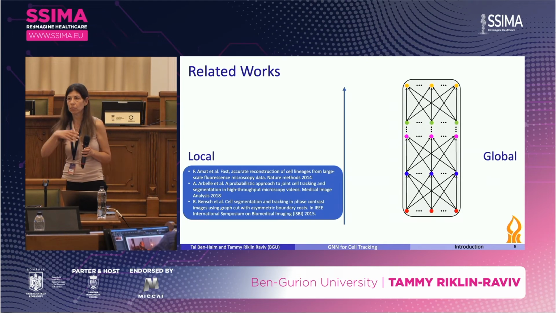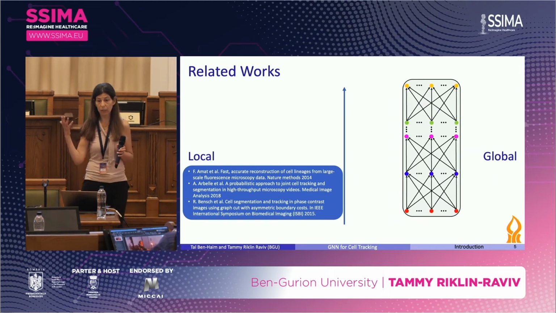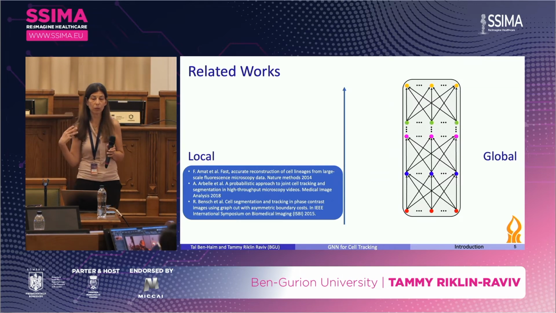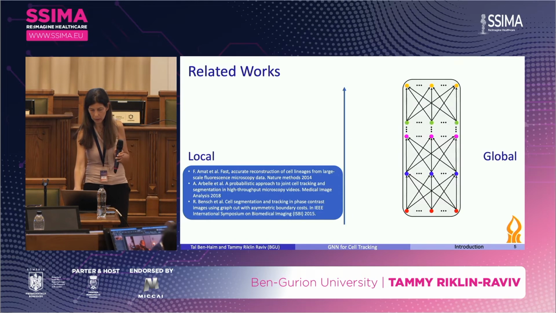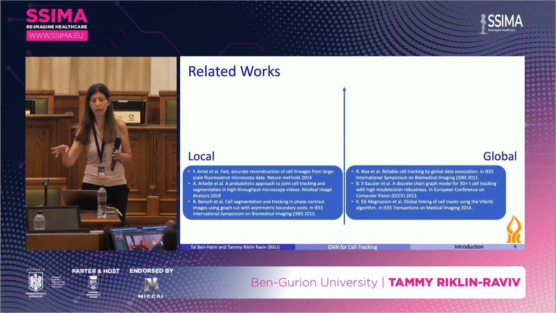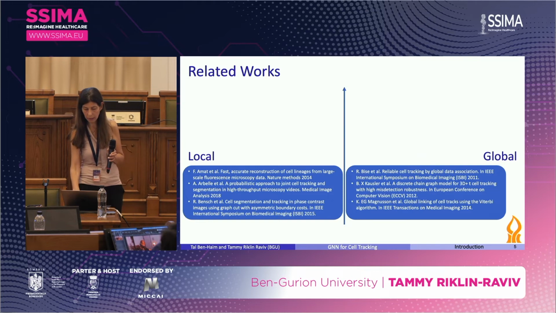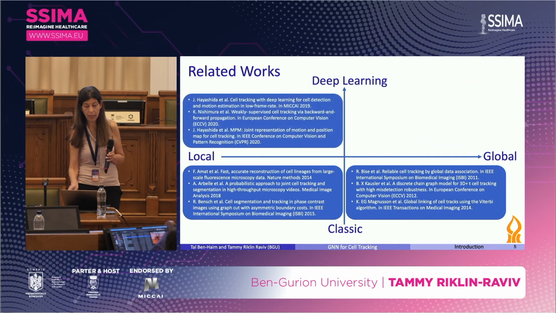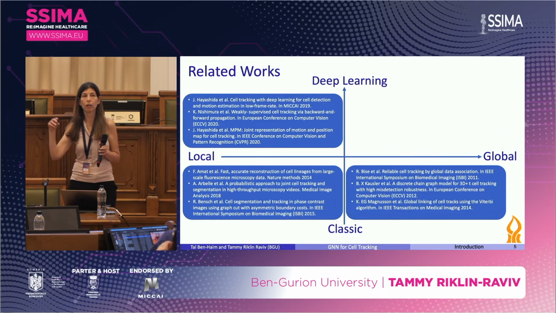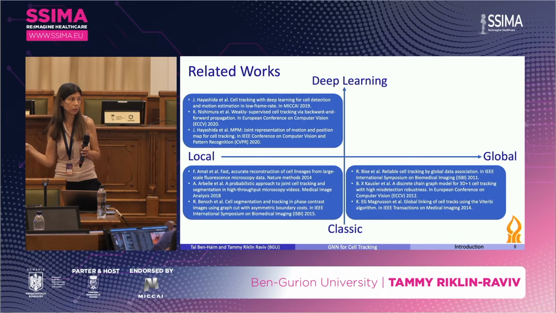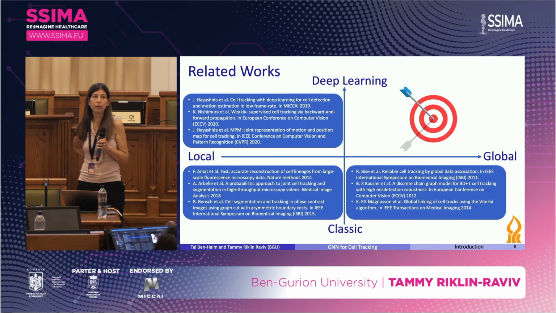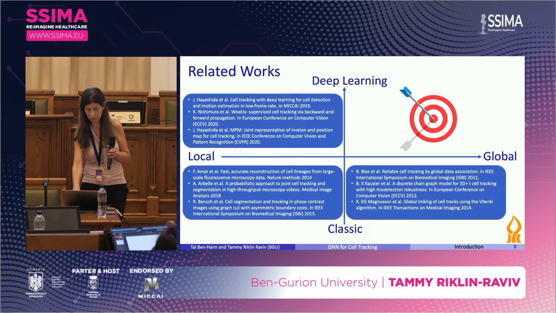In this case, you may present the sequence as a graph, and classical algorithms tend to solve this problem using combinatorial approaches. Nowadays, we can split our related work slide in a two-dimensional way, into classical methods and deep learning methods, and there are already local cell tracking approaches that use deep learning. We are targeting here a global approach that uses deep learning.